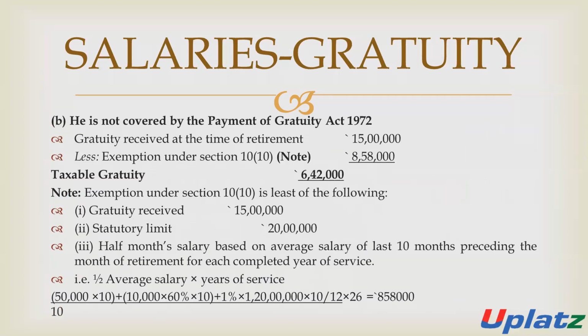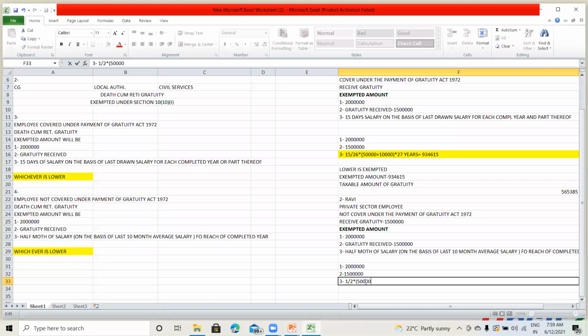So the amount of salary will be the average of 10 months plus 10,000 into 60% into 10 months, because DA for the retirement benefit is only 60%.